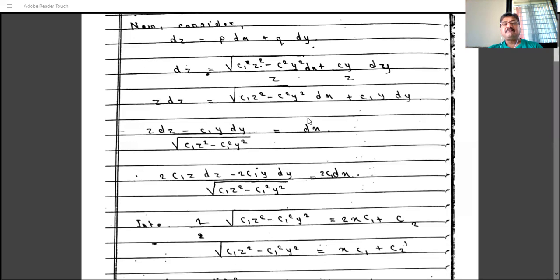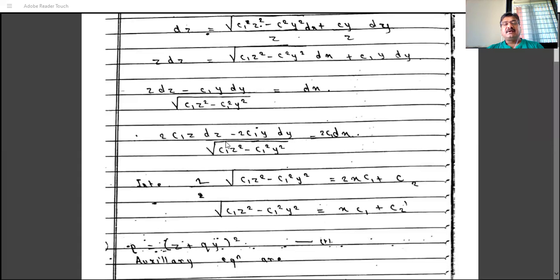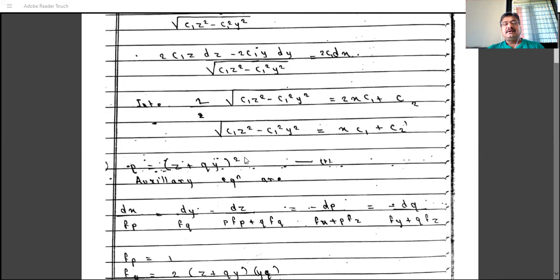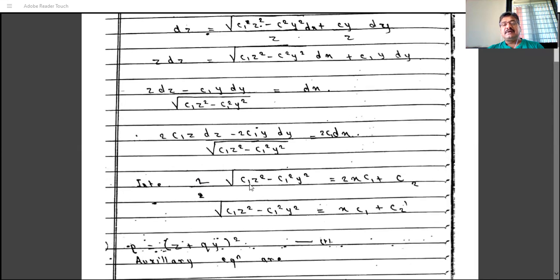So here we have this, and then the derivative of this quantity, 2 times root of c1 z square minus c1 square y square. So what is the derivative of this quantity? Root of c1 z square minus c1 square y square is 1 by 2 times the root, into the derivative of this quantity.